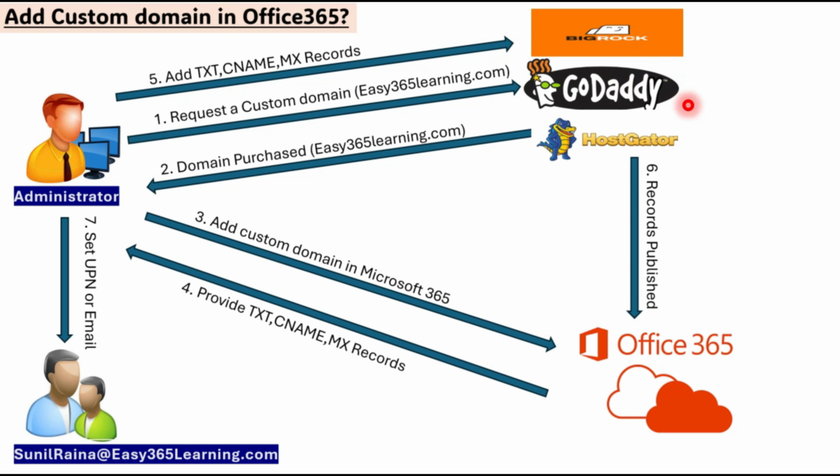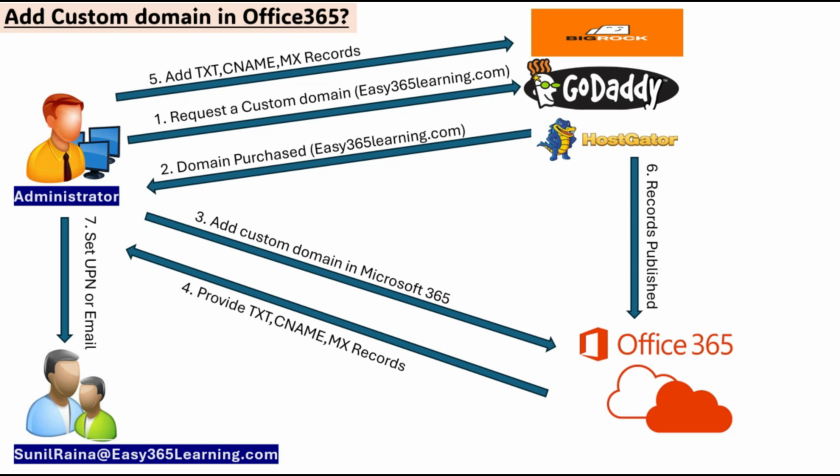Once those records are added, it usually takes a few minutes to a couple of hours for the records to get published across the globe. And once those records are published, the domain is added and verified in Office 365. Then the administrator can set the user principal name or the primary SMTP address for the users and change it from .onmicrosoft to the custom domain, that is easy365learning.com.